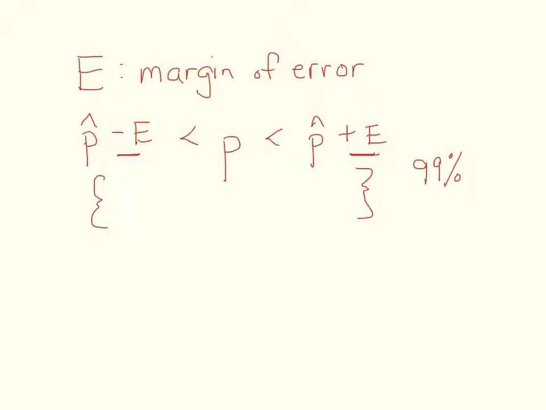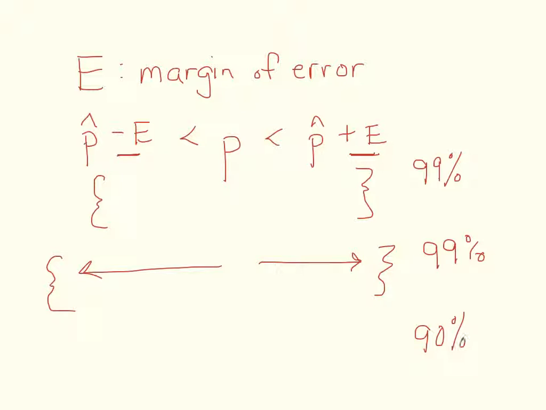So if we were going to say that we were 99% confident that our p-value laid within this interval, then our interval is actually going to be a little wider. All right, so the higher our confidence level, then the wider the interval is going to be. So if we decided we wanted a 90% confidence interval, we're not quite as sure, so we leave a little more room for error, our interval will actually be narrower. So the higher the number, then the wider our confidence interval will be, because we're more confident that it lies within this interval.